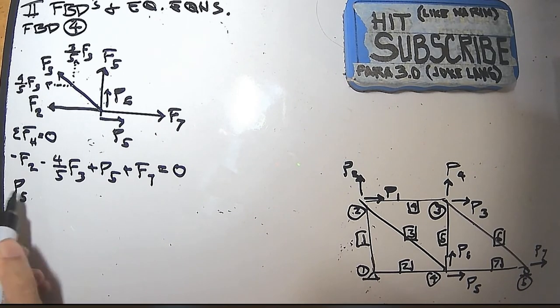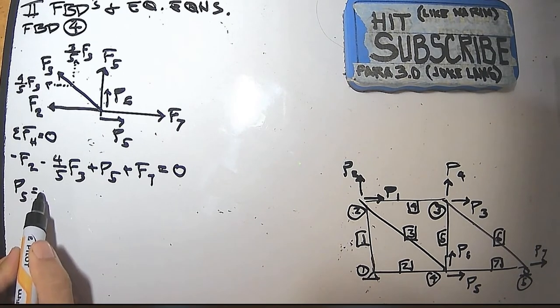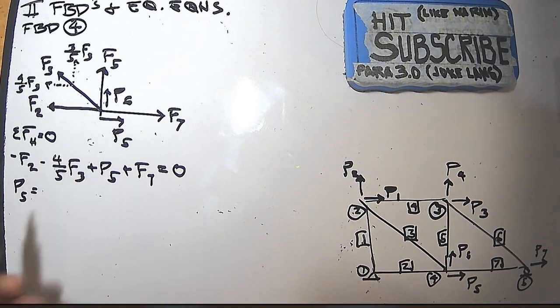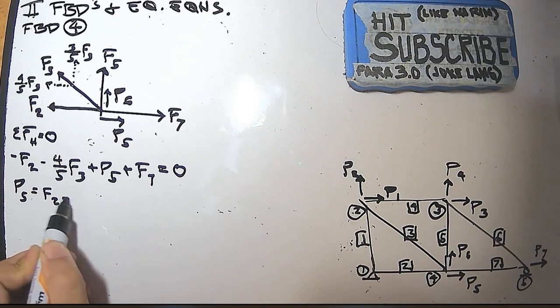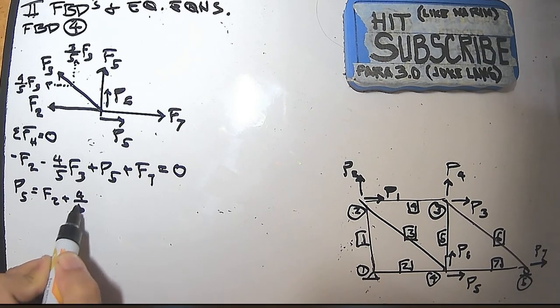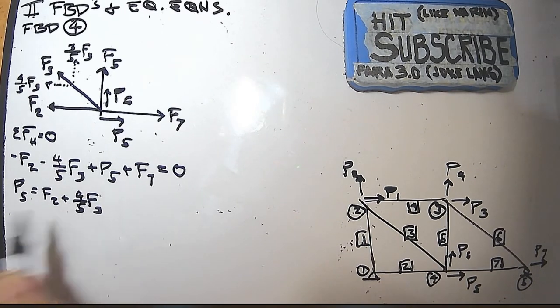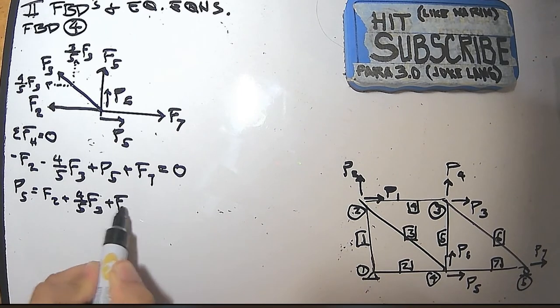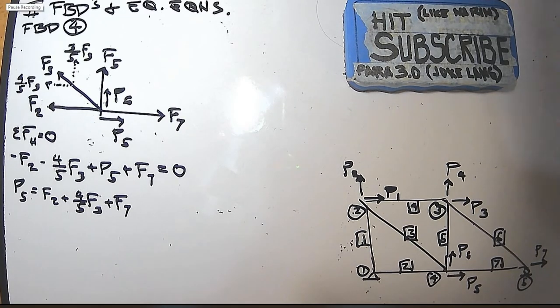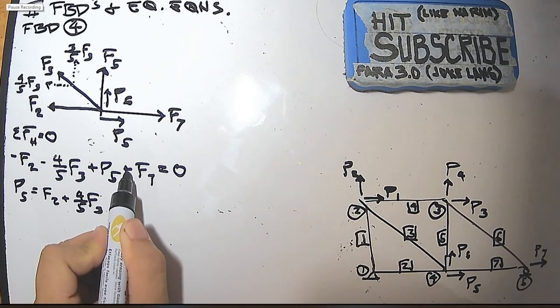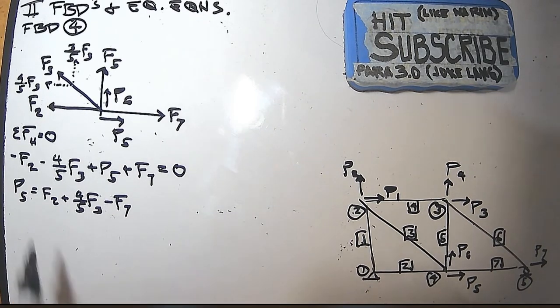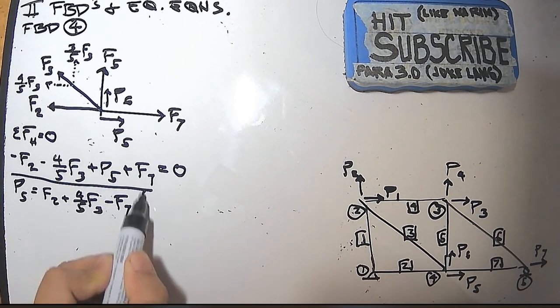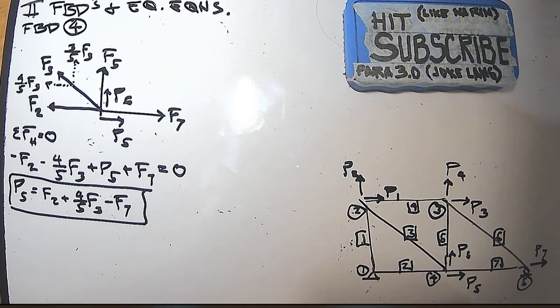P5 is equal to, yung negative magiging positive kasi nilabas natin siya, no? F2 plus 4/5 of F3 plus F7. Oops, this should be minus kasi from positive, nilabas natin, naging negative F7. Okay, so, yan ang ating kailangan.